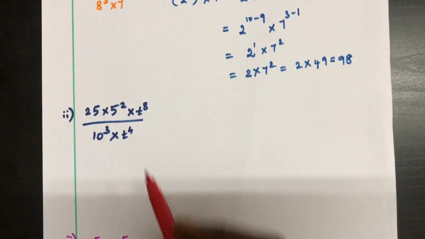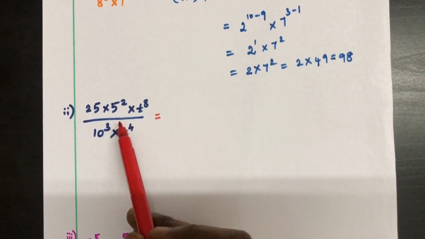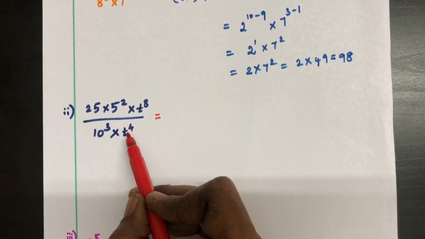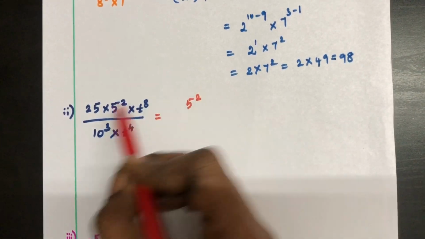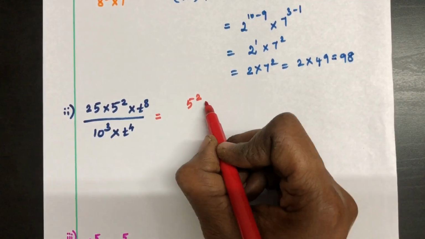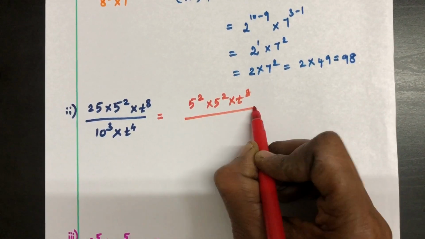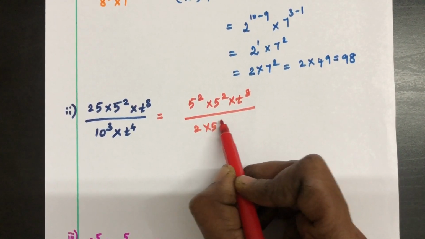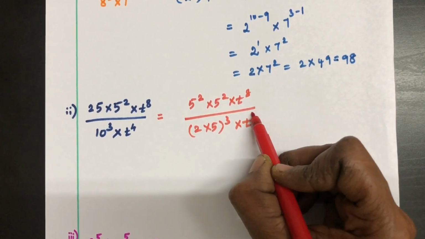Now, second subdivision. So, make everything in the form of 5, because 5 and t are the prime factors here. So, 25 as 5 square into 5 square into t power 8 divided by this 10 can be written as 2 into 5 the whole cube into t power 4.